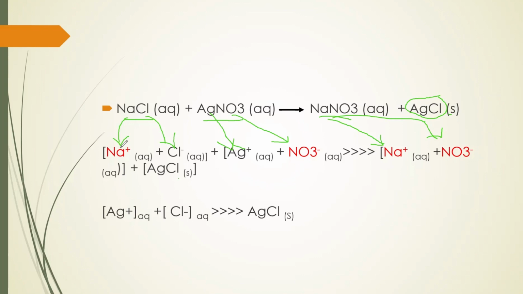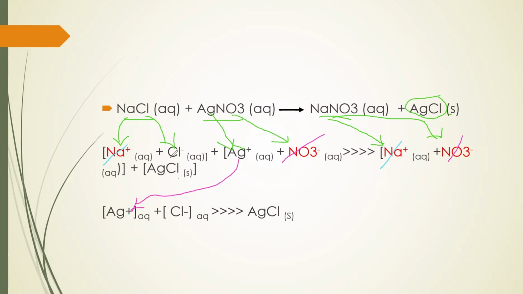Okay, after that we will cross out the similarities. Here we have sodium in the reactants and sodium in the products, so they will go together. We have nitrate and nitrate, we will cross them out together. And we have to write the remaining.